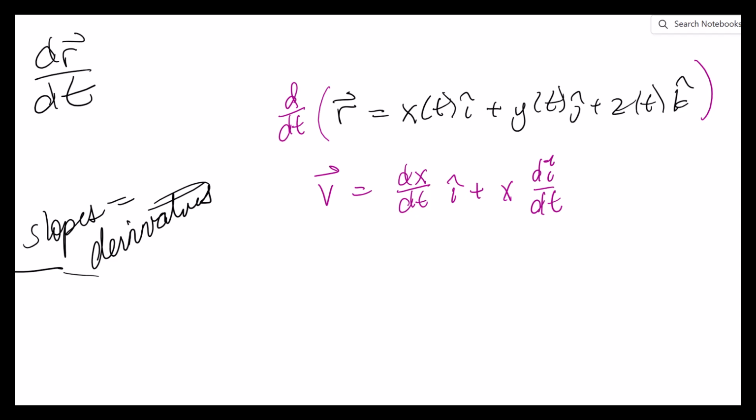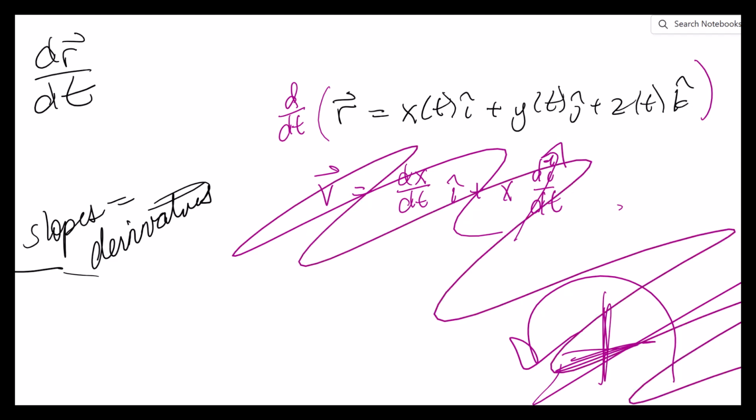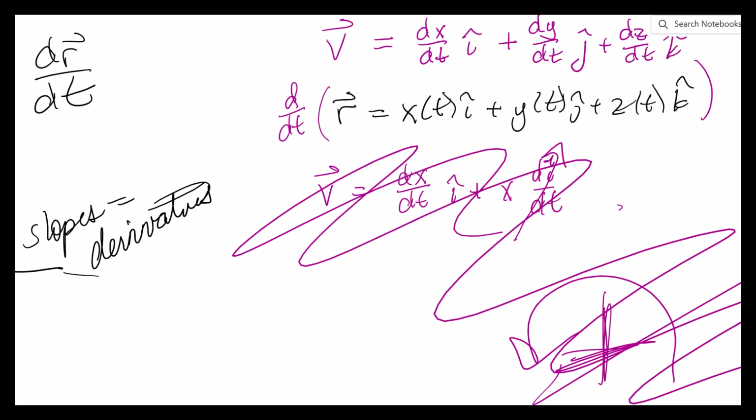This would matter if you have a rotating reference frame, like a propeller rotating and flying through space, then all kinds of things go to hell. And none of that is happening here. So we have this wonderful situation where velocity is simply dx/dt in the i hat direction plus dy/dt in the j hat direction and dz/dt in the k hat direction.